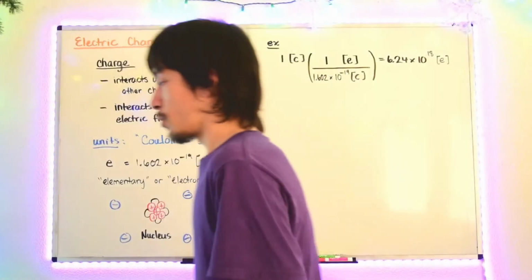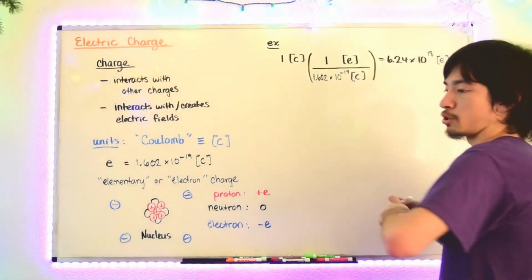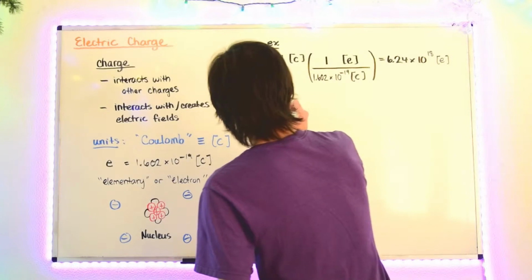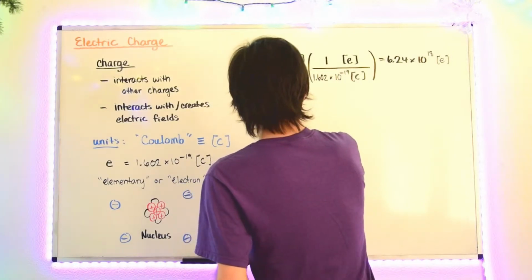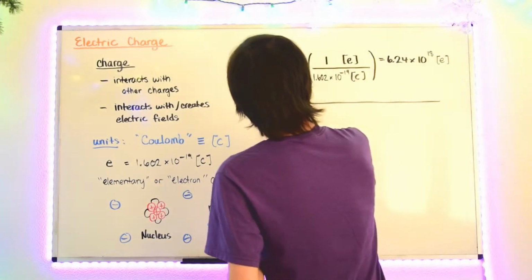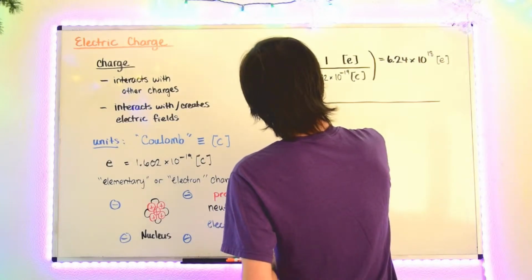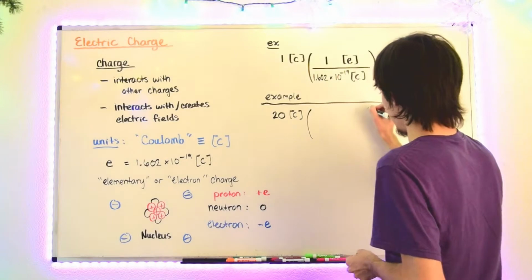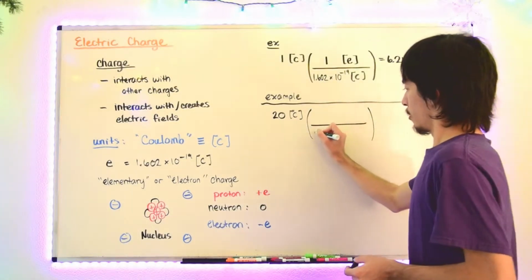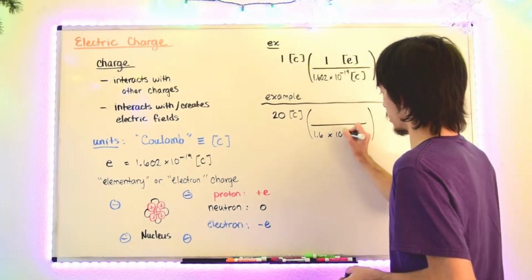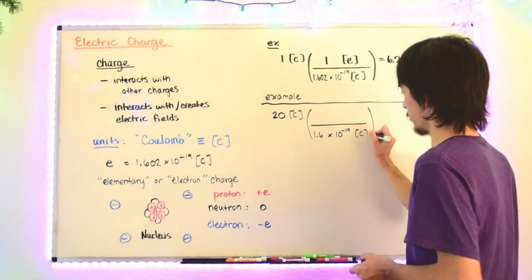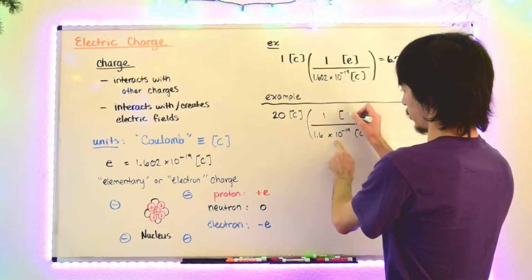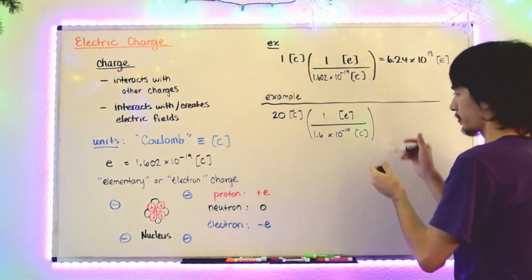Essentially what we just did, we're going to do again. It's just going to be 20 times that amount. So we have 20 coulombs of charge, convert it, 1.6 times 10 to the minus 19th coulombs on the bottom, cancel out the coulombs, and on the top we have that number corresponds to an electron.